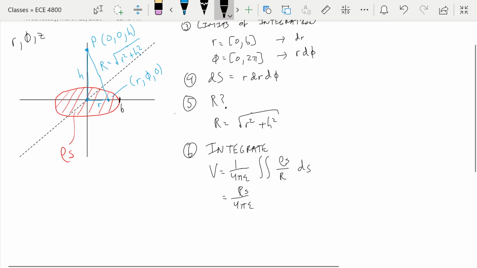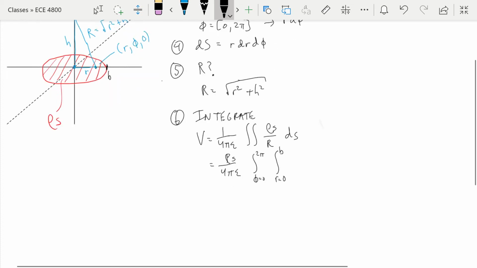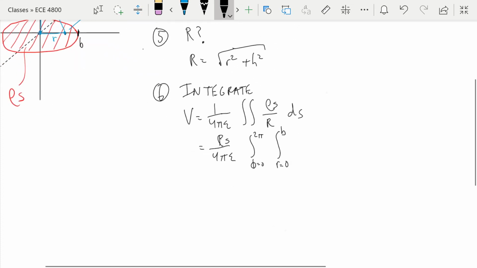And now we can look at our limits of integration. So we said phi is going to go from 0 to 2 pi. And our disk radius is going to go from r equals 0 to r equals b. All right, let's make this a little bit larger here.